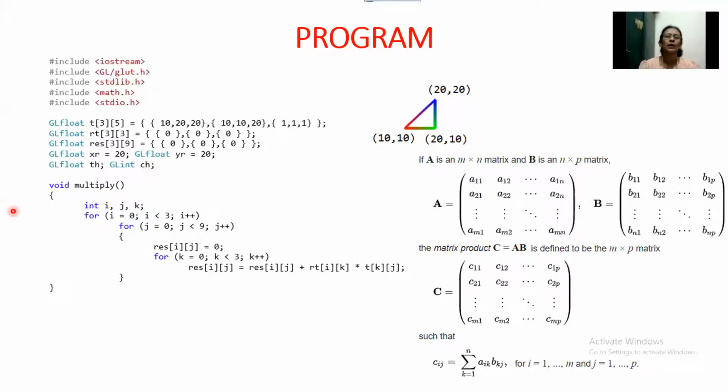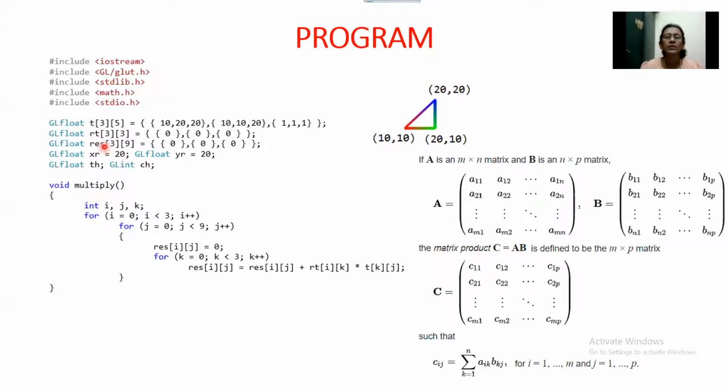So first we define all the different functions that we have. We need a function to multiply. This function multiply is going to multiply the two global variables, the transformation matrix RT and T, and the resultant matrix is going to be RES.